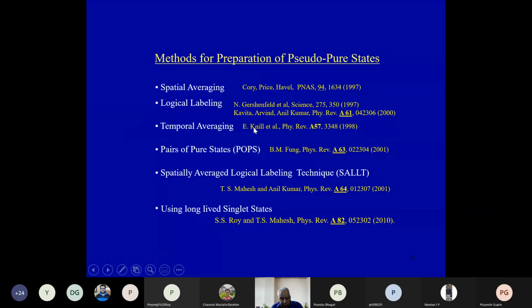Temporal averaging was by Knill, and Knill I will introduce to you when we come to factorization. A pair of pseudo-pure states, especially, and these are more technical terms, and I will leave it for you. Those really interested can read it.